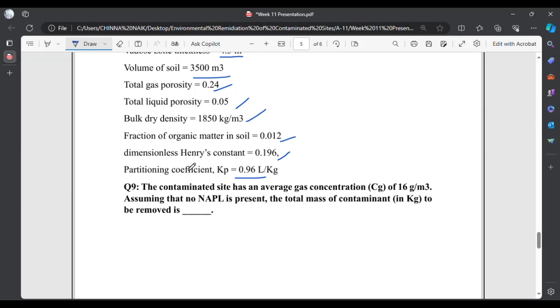They ask us to calculate for a contaminated site with an average gas concentration of 16 gram per meter cube, assuming no NAPL is present.